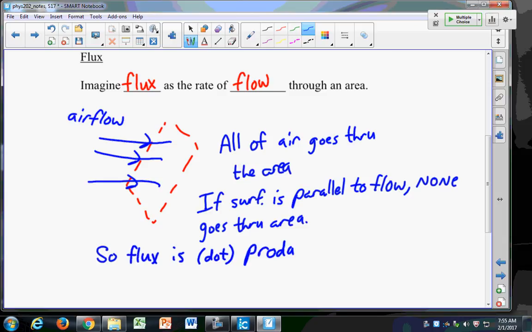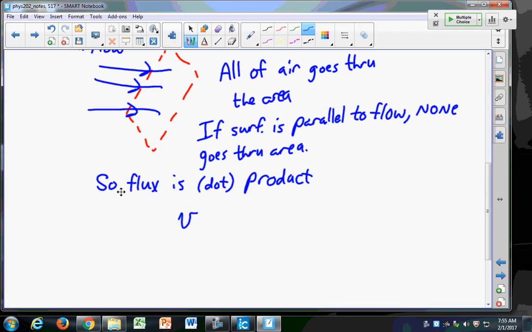That's also called a scalar product, if you remember from last semester, because the product of it is a scalar quantity. V cosine theta times A. All right, and this gives the component perpendicular to the surface.